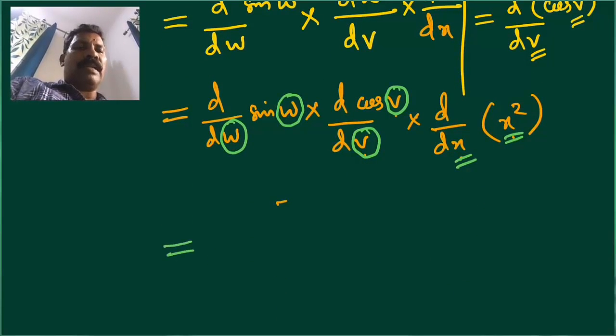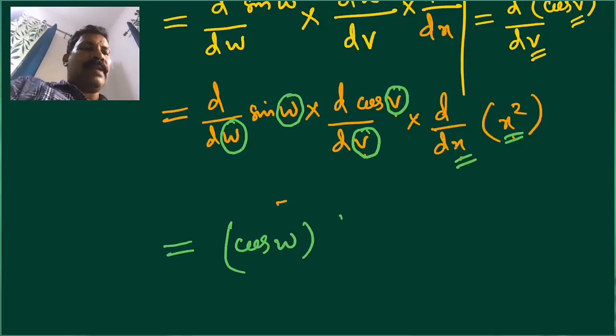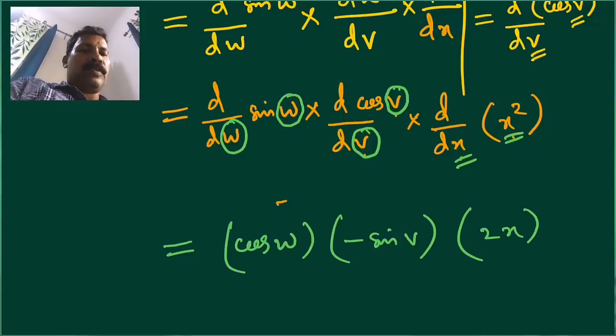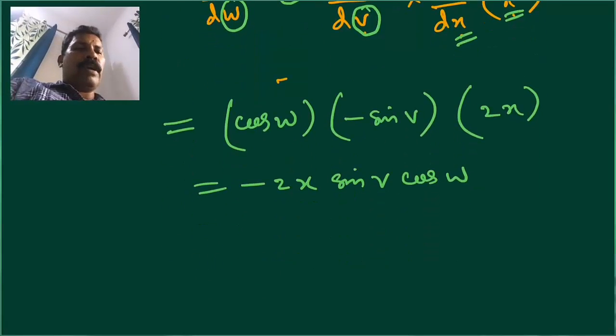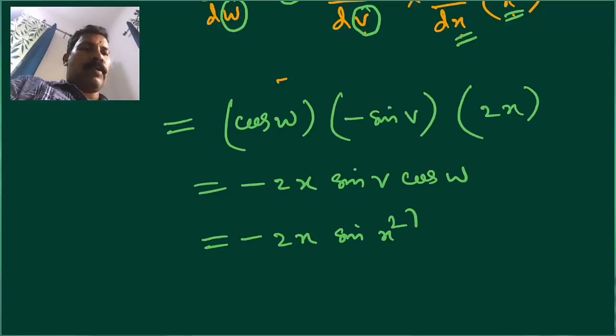So derivative of sin w means cos w, and derivative of cos v means minus sin v, and then derivative of x squared is 2x. So that is equal to minus 2x sin v cos w. Now we have to go back. That is minus 2x, what is our v? v means x squared only. So that is sin x squared. And then cos w.